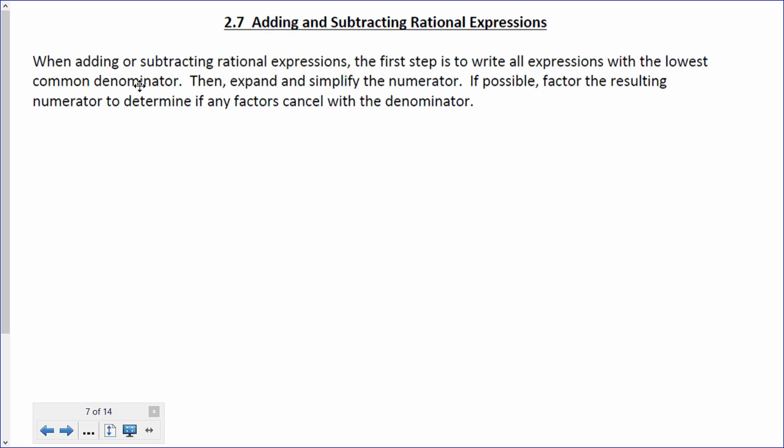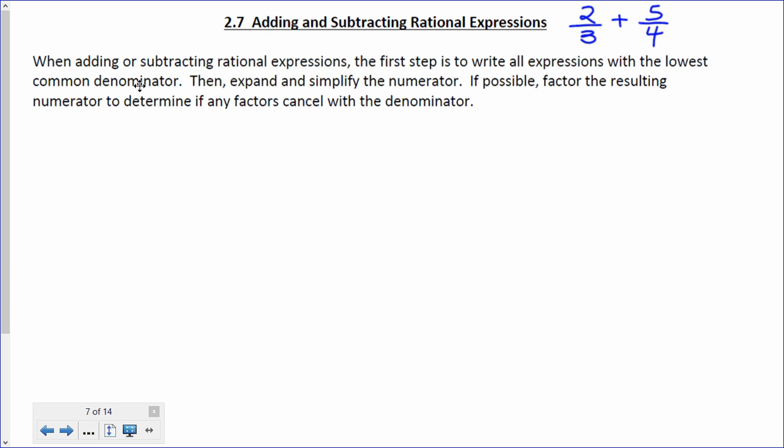Back in grade 7, 8, 9, if I said add 2/3 plus 5/4, the key is I can't add them at the moment, because you can only add fractions when the denominator is the same. So we learned we need to write both fractions with the lowest common denominator, and then I can add them by keeping the denominator and adding or subtracting the numerators.